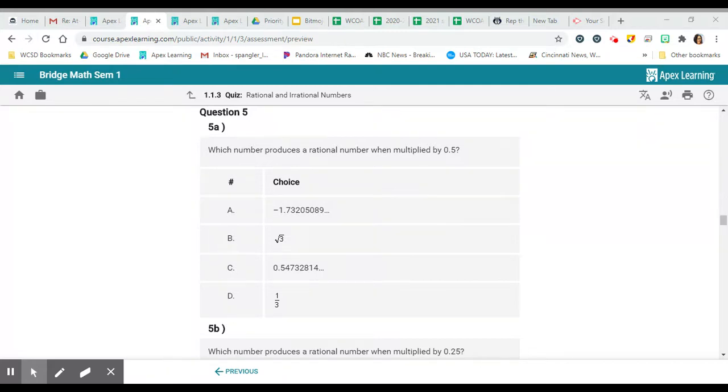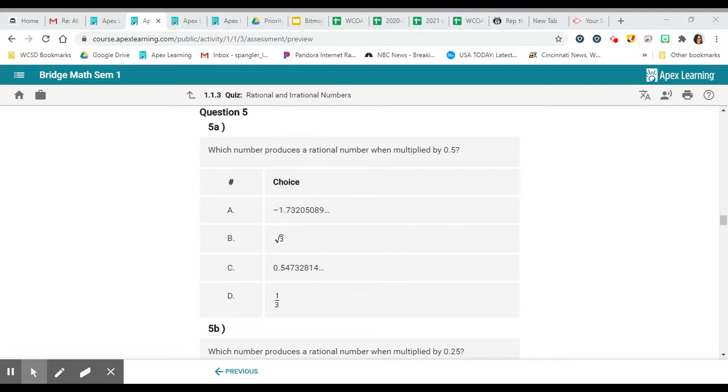Number 5, which number produces a rational number when multiplied by 0.5? 0.5 is a rational number. So we know that we have to choose which number of A, B, C, or D is a rational number. So the only one in there that is a rational number is going to be D, because 1/3 is a rational number.